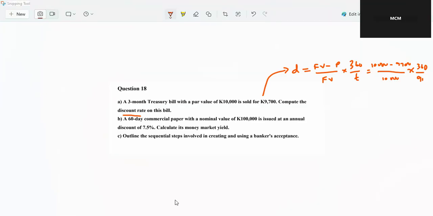Or 90 days, depending on what the lecturer specifies. Treasury bills usually move in 91, 182 days. But since he's been using 90, you can put 90 there. He'll give you the actual number of days. So we can calculate that, and we're going to get 12%. So that is our discount rate, 12%.